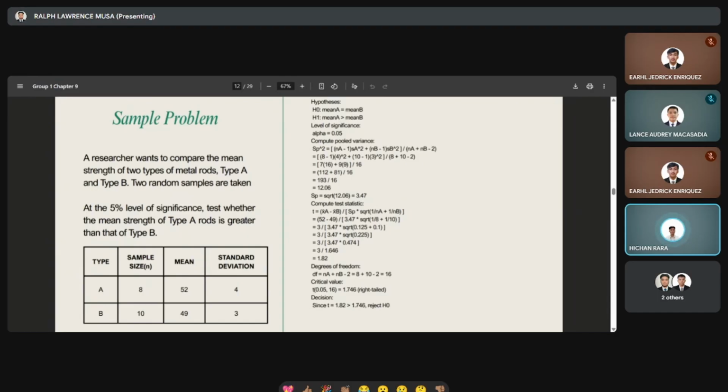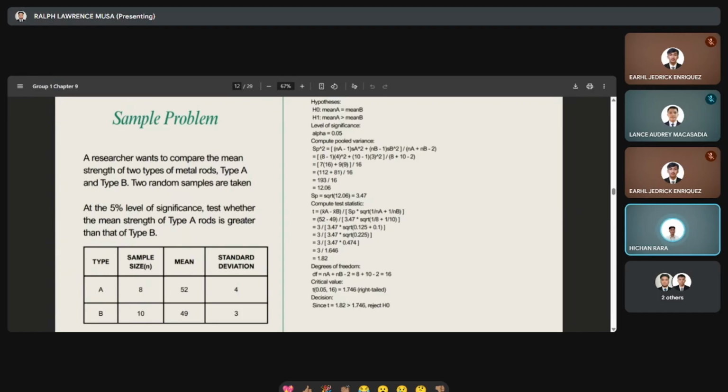Yan. Then, compute natin yung test statistic. Ganun lang ulit. Substitute natin yung mga values natin dun sa formula natin. Salpak lang, ilalagay lang sa calculator. Then, ang makukuha nating value doon is 1.82. Then, doon naman sa degrees of freedom, same lang, sasalpak mo lang sa calculator.